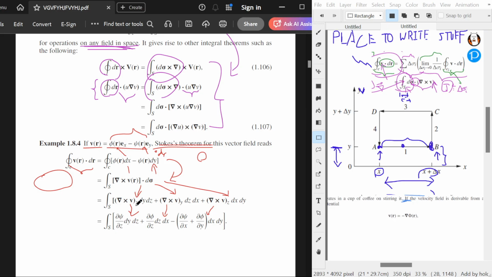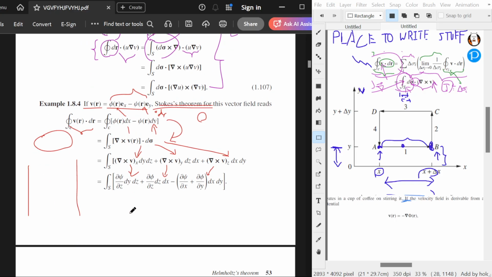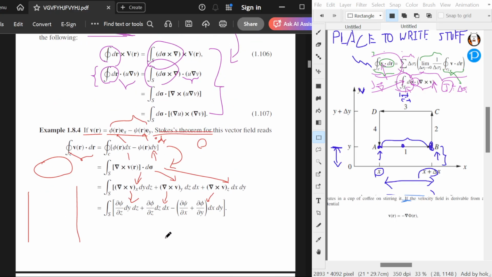This cross this. Do I need to do that? I'm tempted to just write out the determinant. But maybe I don't need it. Maybe this is a crutch I need to overcome. And I'll cross this.